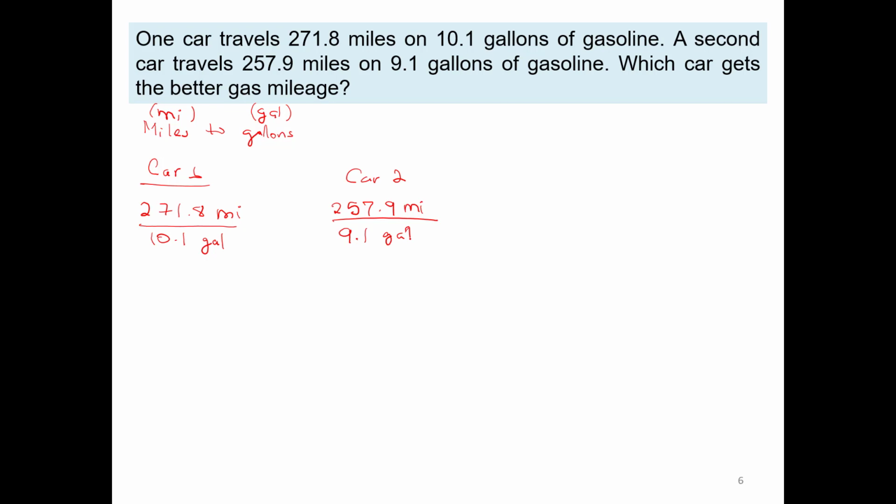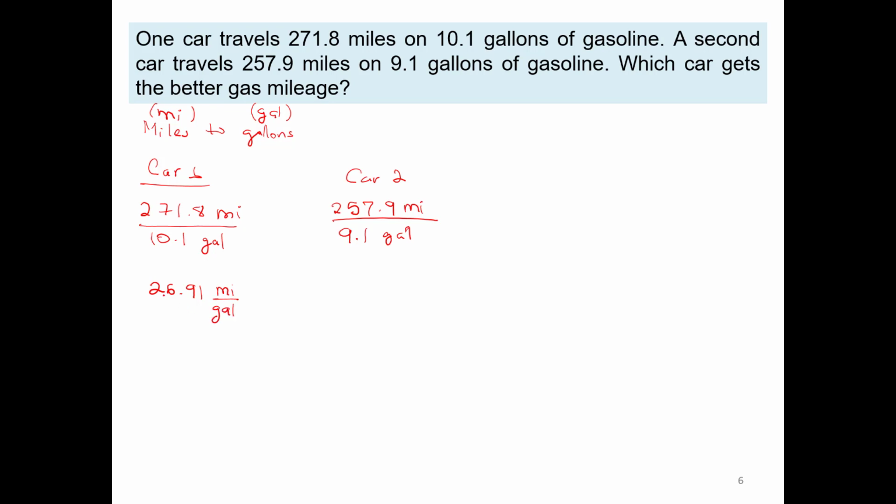Because we don't want any denominator. If we divide 271.8 by 10.1, we will have 26.91 miles per gallon.